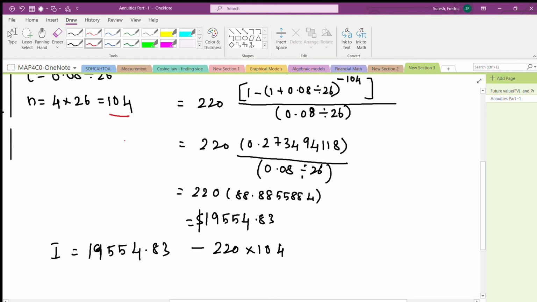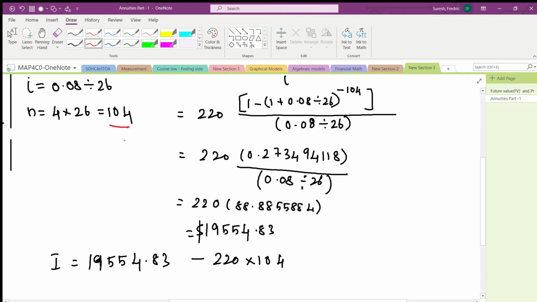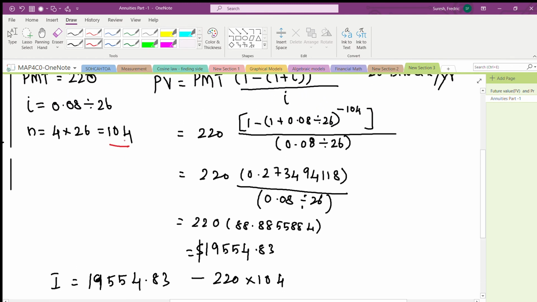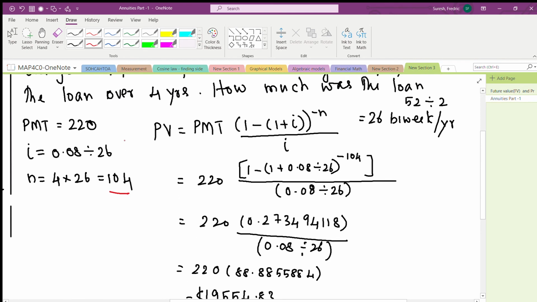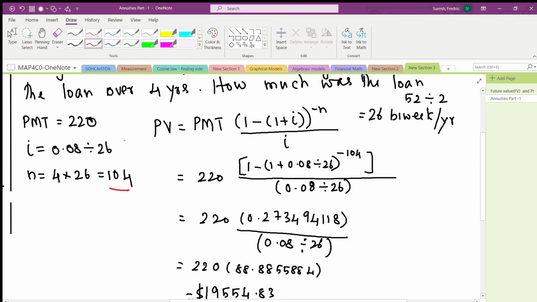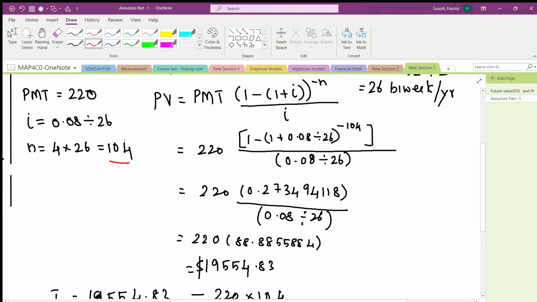Okay, I'm getting an error here. So let's see why I'm having an error. Okay, so I'm going to do the recalculation here quickly, and I'll post the final number at the end.